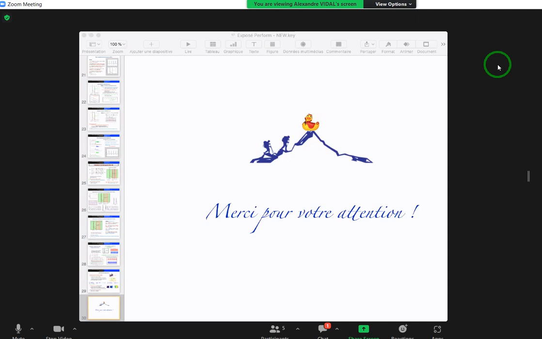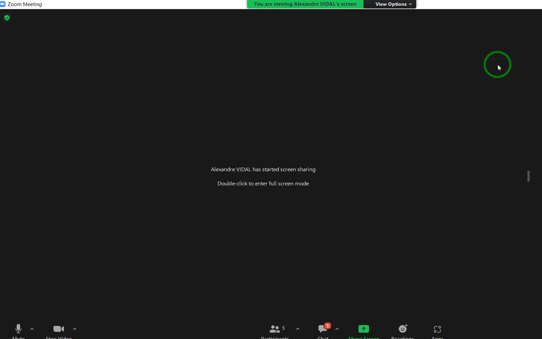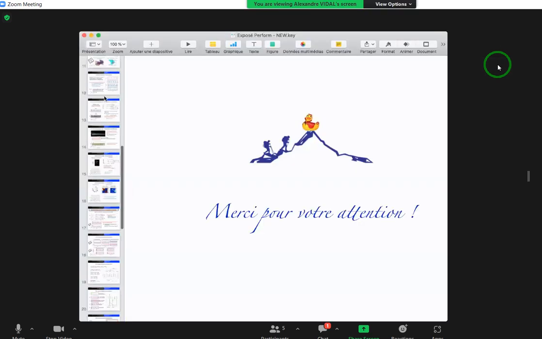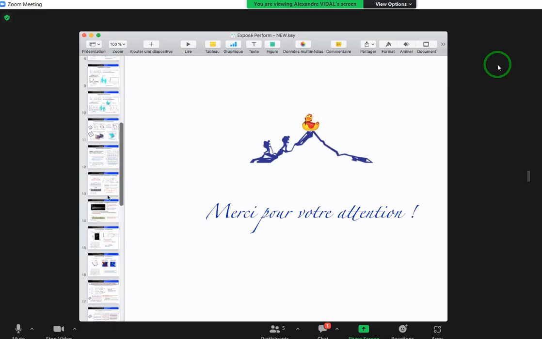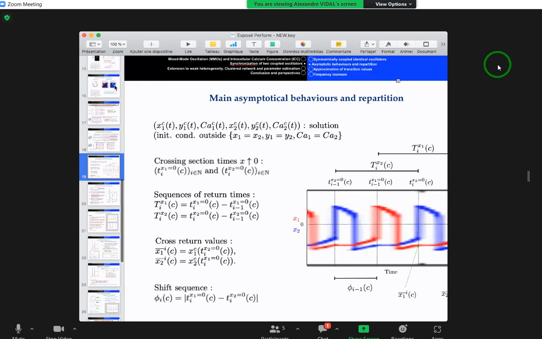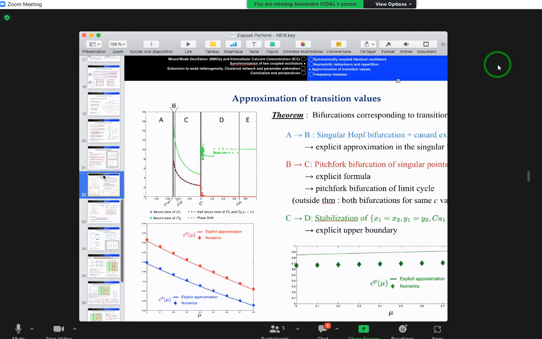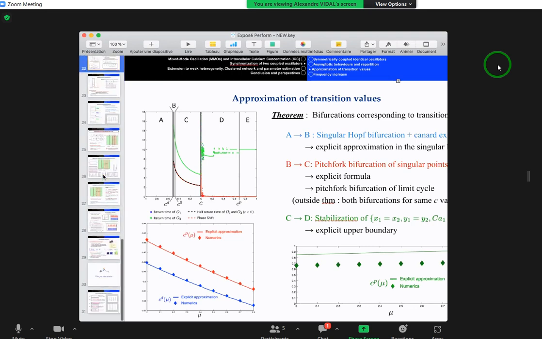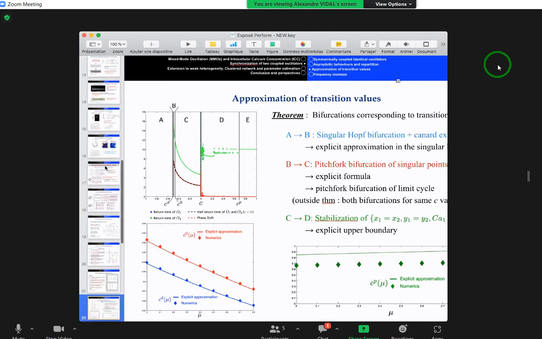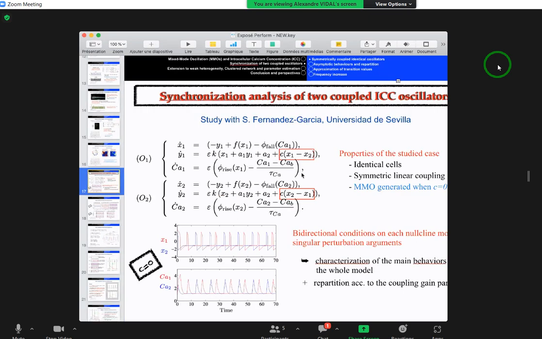In fact, if I come back to the model here, let me show you that in the network. Where is my network? Sorry, my network. Okay, let's see. Just here for two neurons.